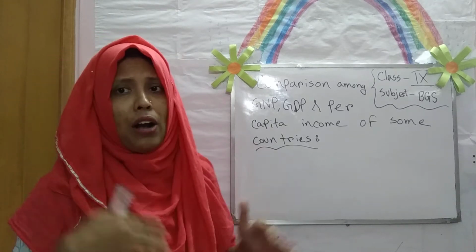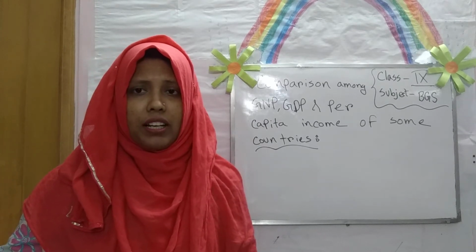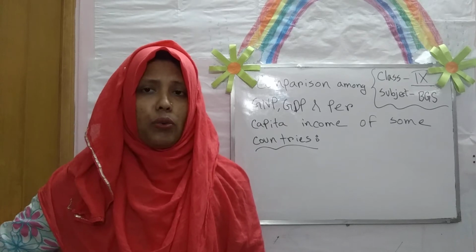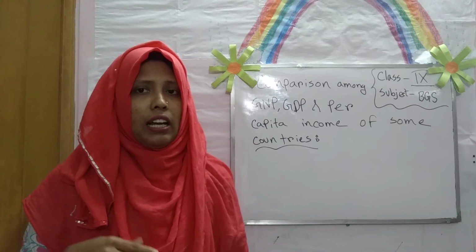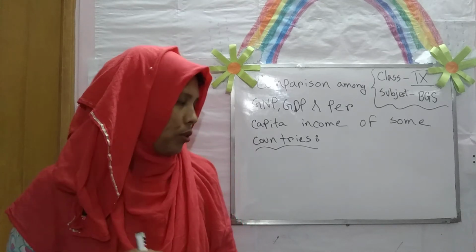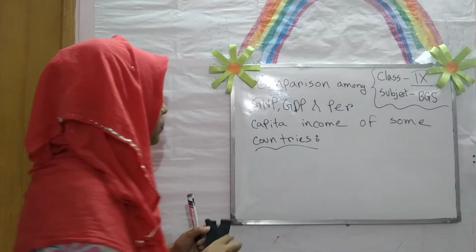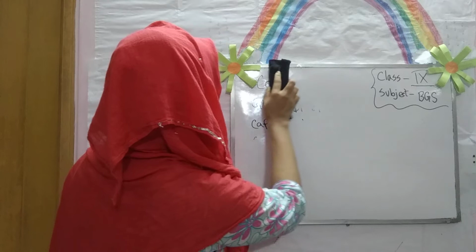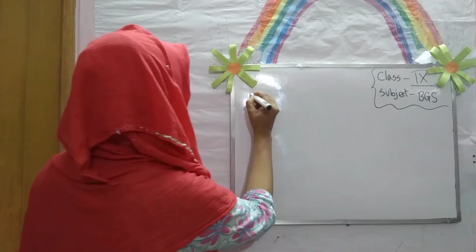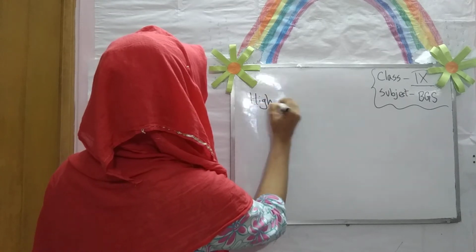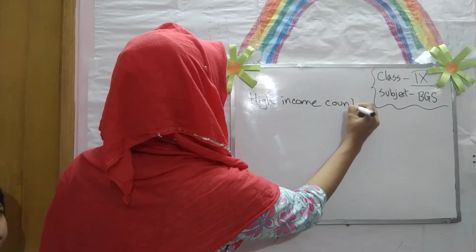Today we will learn how the World Bank decided which country is developing, which is underdeveloped, and which is developed. High income countries.